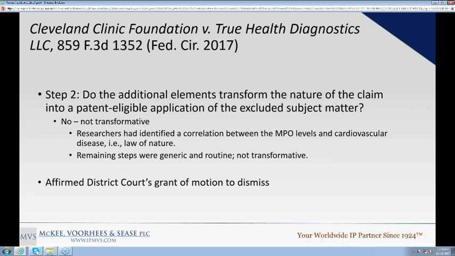But they said essentially, you've identified a law of nature, this correlation, and the remaining steps that are there, comparing the level to a control level, and then making a decision about providing a lipid-lowering drug and possibly administering that, was not transformative. It was generic and routine in the medical field, or in this particular art. So the Federal Circuit affirmed the district court's dismissal.